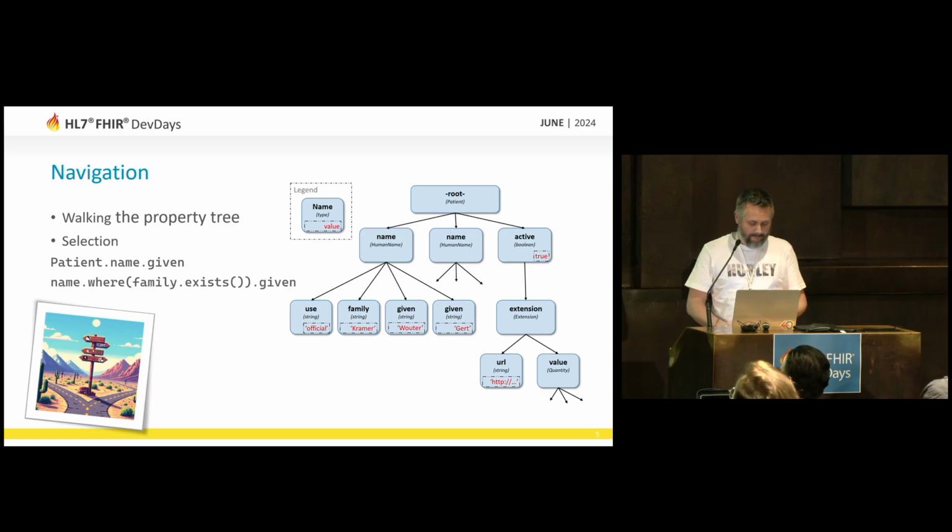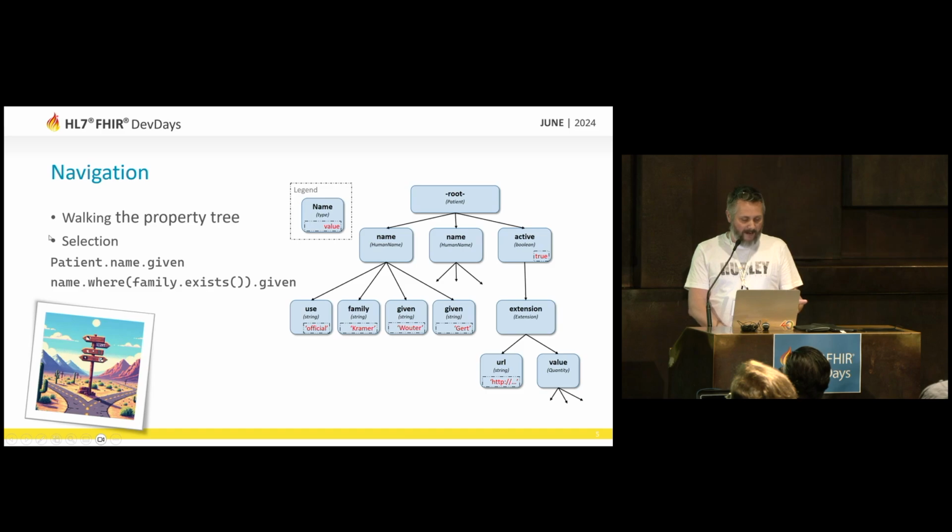Yep. This one's not quite a simple navigation, but it shows how you can walk through the different things. So we go from our patient to our name. Hang on, what just happened? What happened to patient? How do I know to step down?